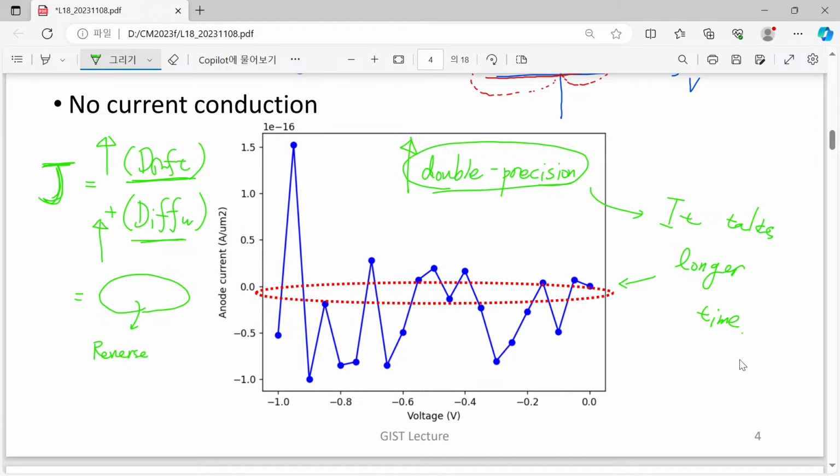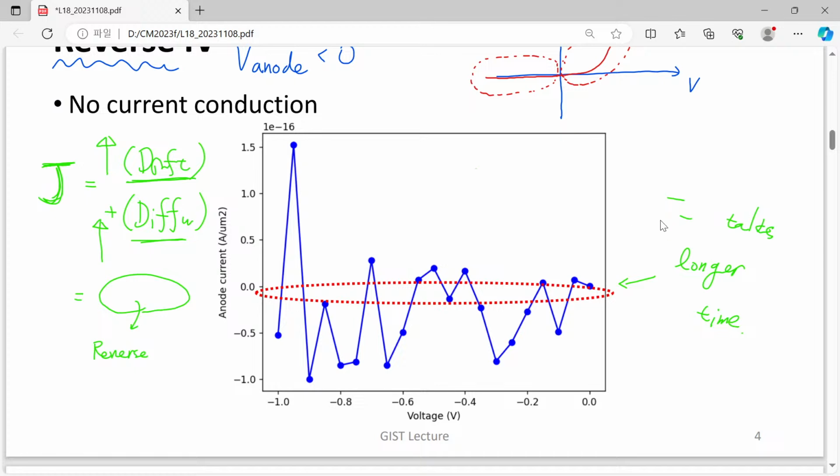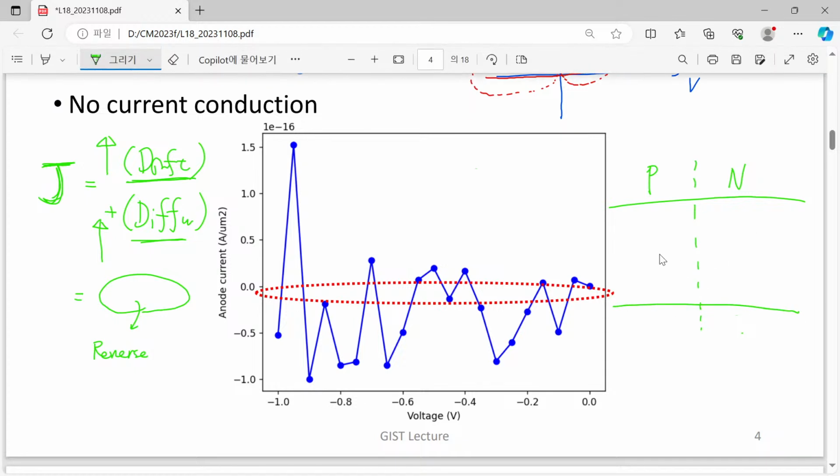So now think about this one. Let me quickly consider an example. Here we have a P-N junction. Let's say this is P and this is N. In this classroom, everybody understands there occurs a certain range of space charge.